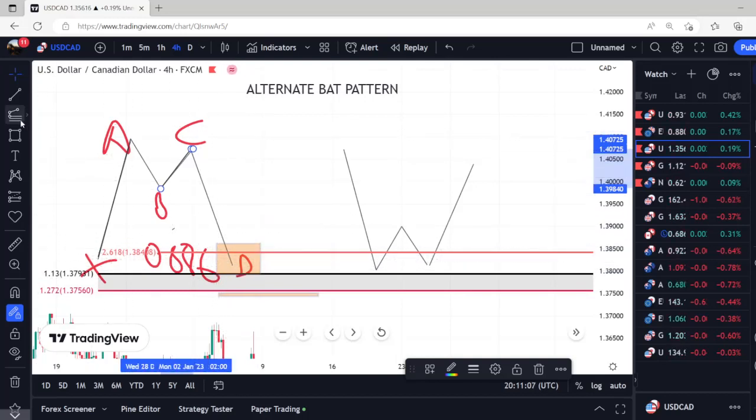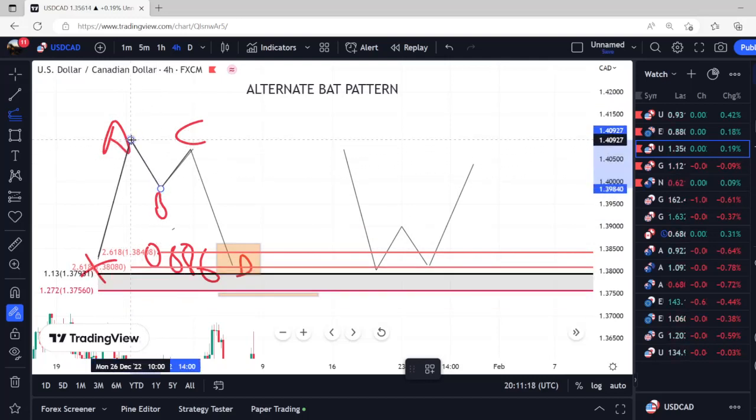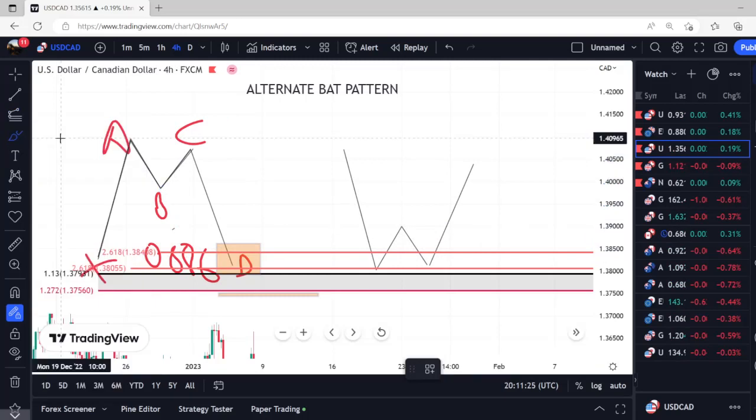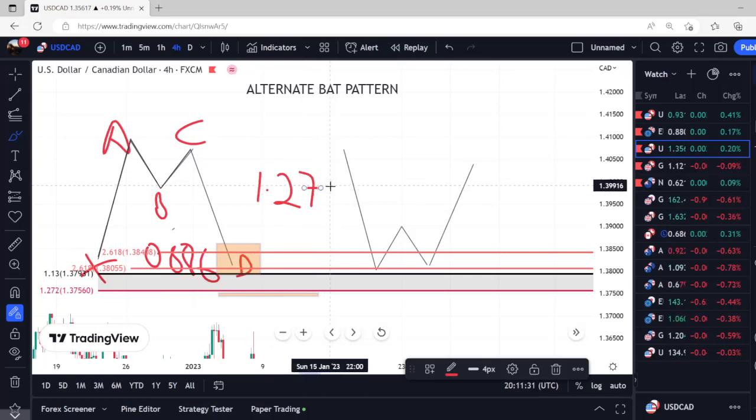And then you also need your AB equals CD leg. You take your fib extension again and measure from A to B back to A, and you're looking for between 1.27, which is the minimum number that we need, to 1.618.